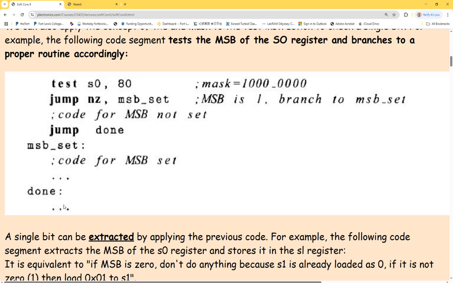At that address, you do a load: you load S0 to S1. If it's not 0, it's going to skip that jump Z and do the next line, which directly jumps to done. It's very similar to this one. So you want to add a jump done like this and put a done here as well. Is that clear?